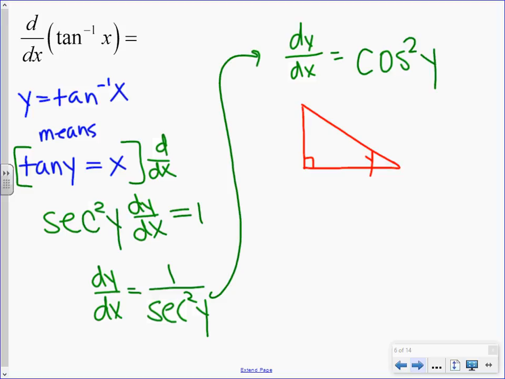Our tangent ratio is x. Our tangent ratio means opposite over adjacent. So x over 1 is our opposite over adjacent ratio. I just took tangent of y equals x. Y is our angle. Opposite over adjacent needs to be equal to x. What does that mean about our hypotenuse?